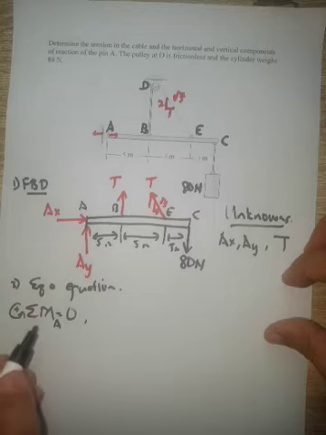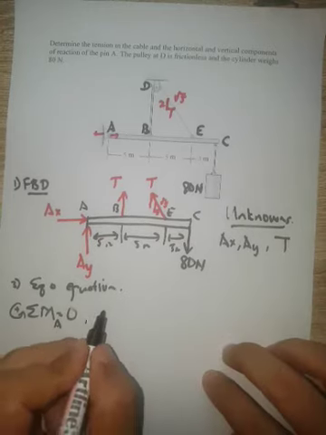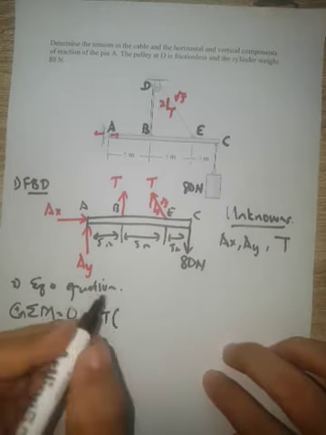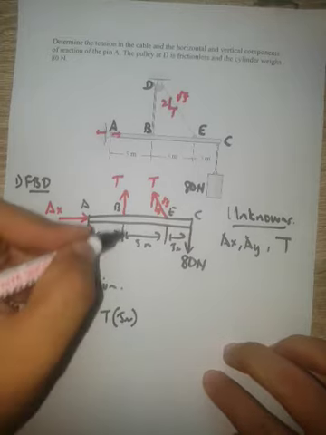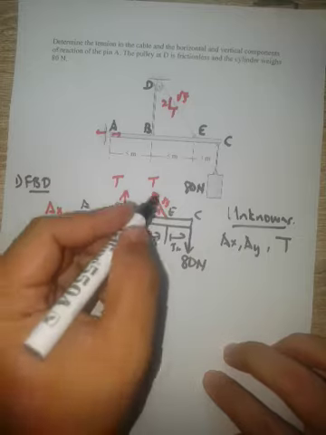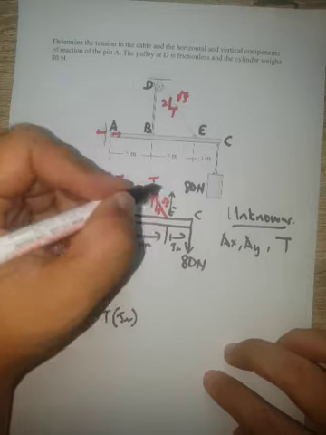So the moment at joint A: first we have the force T, with the perpendicular distance of 5 meter, counterclockwise, so it's positive. Next is this one. We need to resolve the Y component first.